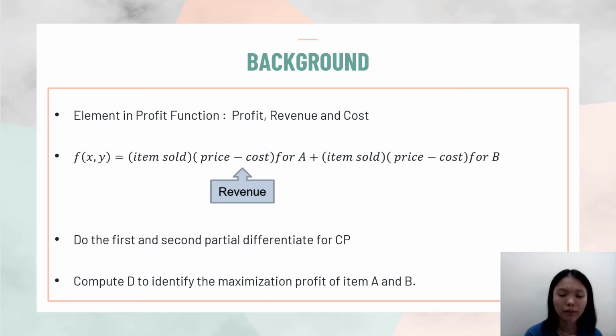To find the profit function of the business, f of x, y, we are going to multiply the items sold with the revenue, where the revenue is price minus cost.